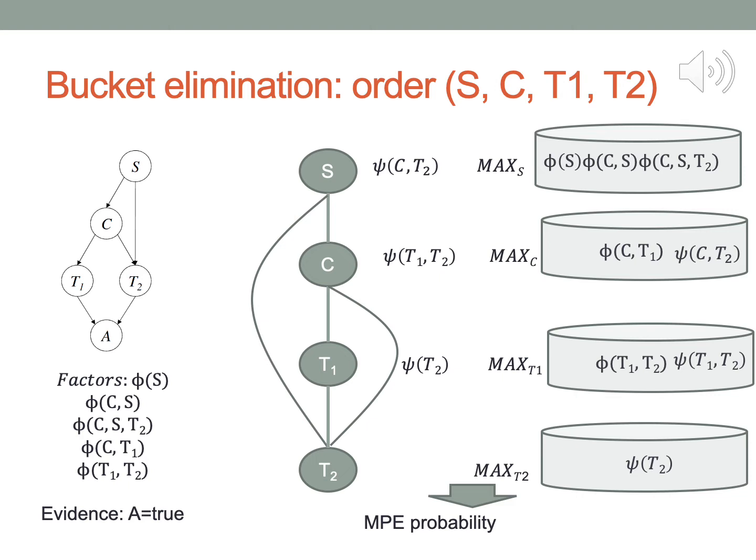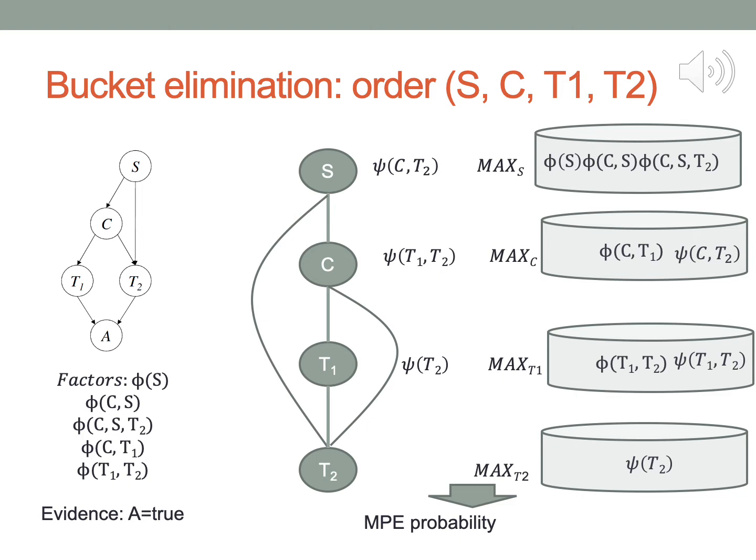Again, recall that in the bucket elimination algorithm, we use the primal graph defined over the evidence instantiated network. The primal graph over the non-evidence variables is given on the slide and drawn along the order S, C, T1 and T2. As before, we'll associate a bucket with each variable in the order.